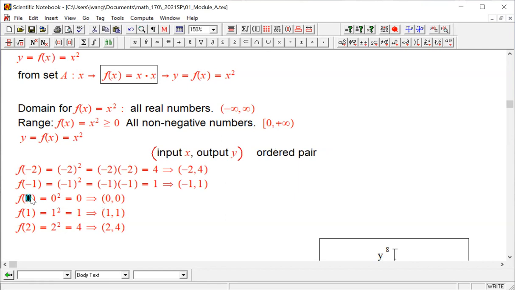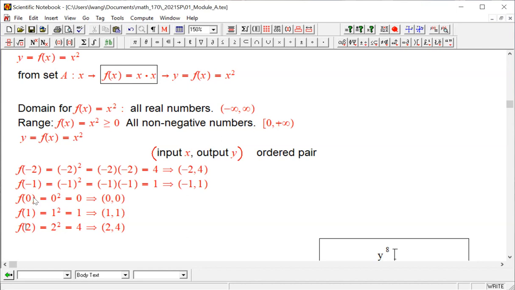For 0 input, the output is 0. For 1 input, output is 1, and we produce the points accordingly. So we get input, output, input, output, input, output. Could I have chosen fractions, decimals? Of course I can. I can choose many points. But for simplicity and for sketching the graph, we can just choose several points.